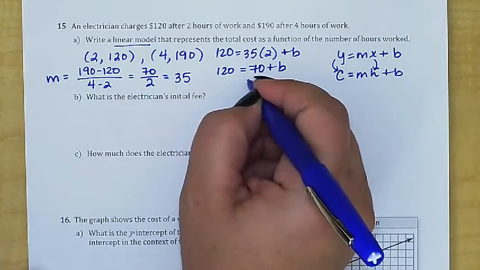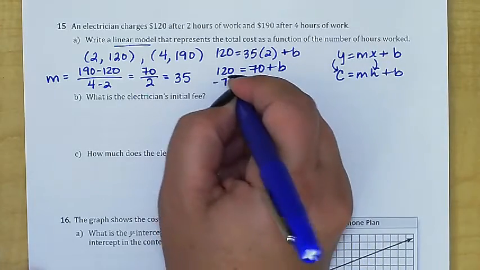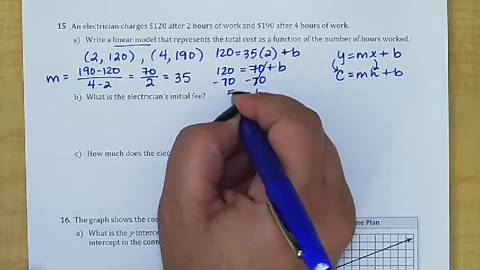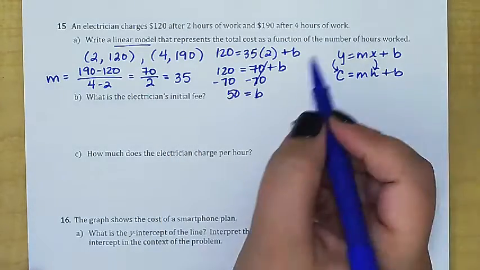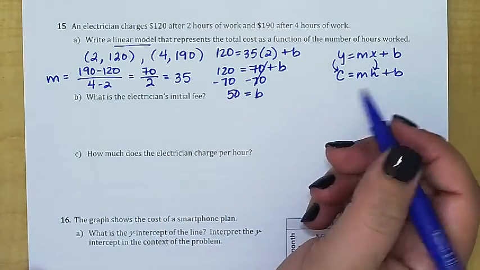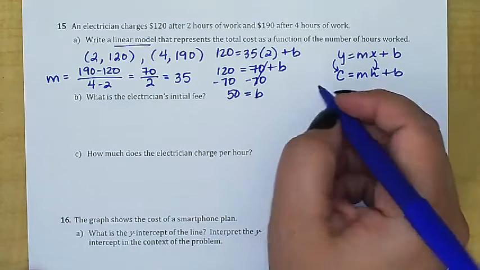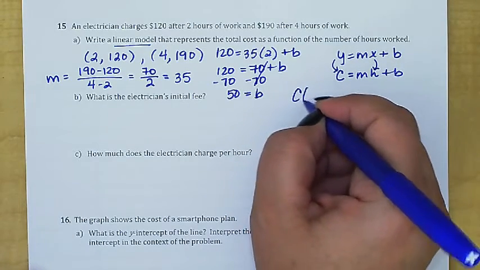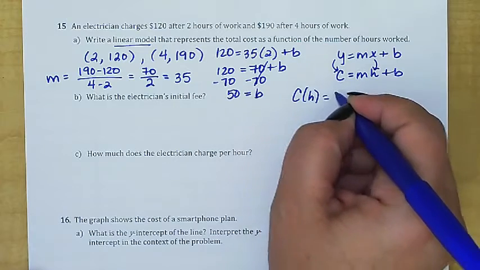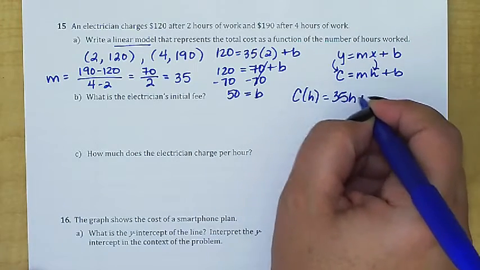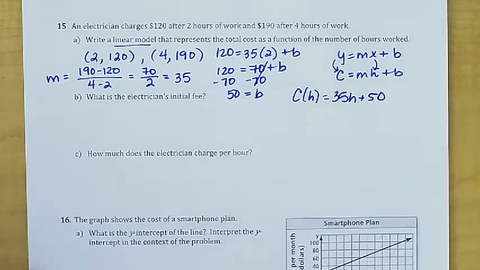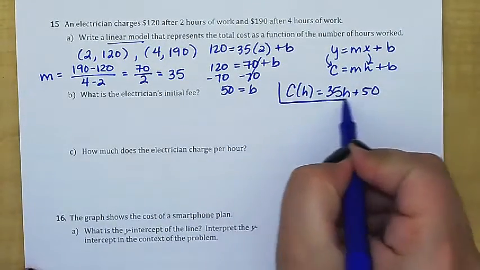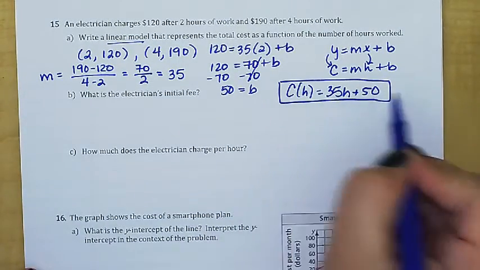And then if I solve for b, I subtract that 70, and I get that b must be 50. Okay, so that is the initial quantity, or the initial amount. So if I'm going to write this function now, I can say the cost in terms of number of hours is $35 an hour plus that $50 initial quantity, or initial amount. So there is our function, what they wanted, the linear model here.